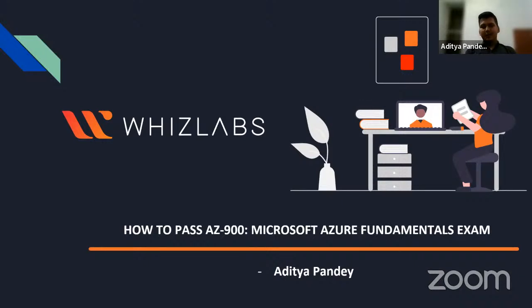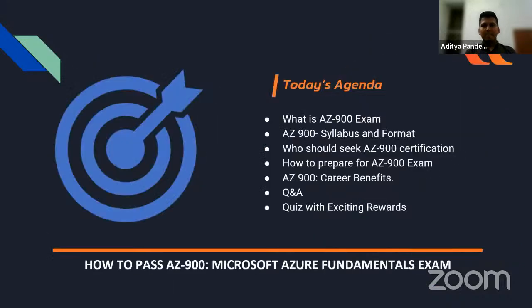So today's agenda of this session: we'll be talking about what the AZ-900 exam is, and the syllabus and format of this exam. Also, we'll be talking about who should actually seek AZ-900 certification. Then we'll talk about how you can prepare for this exam, and the career benefits which AZ-900 gives you.